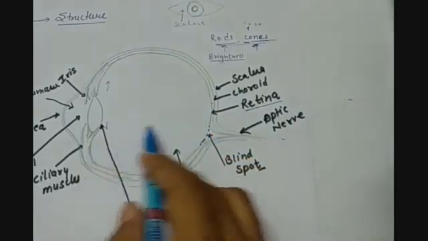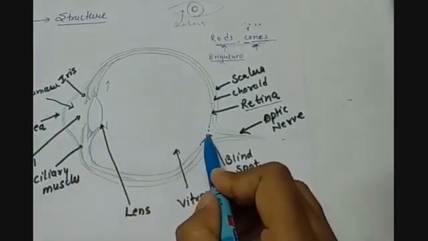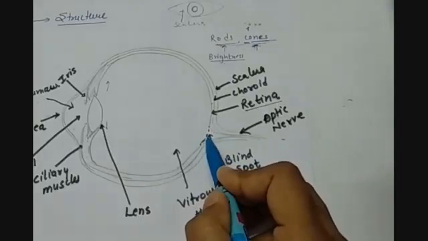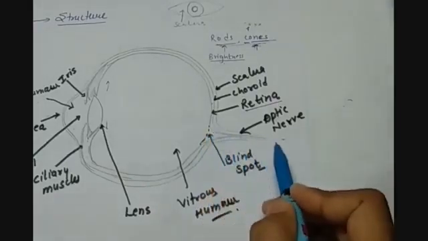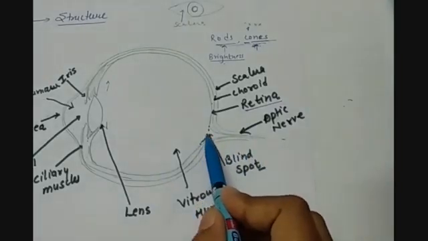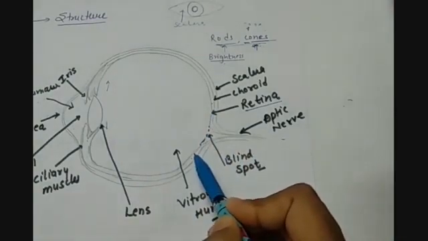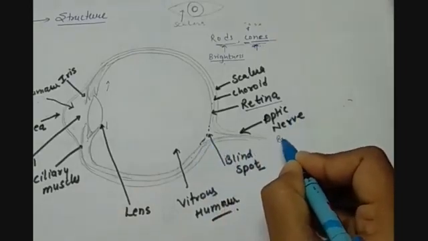So even if the light falls on this portion of the eye, as there is no photoreceptor present, no image of the object will be formed. Optic nerve takes the signals from the rods and cones present in the retina, and it sends the signals to the brain.